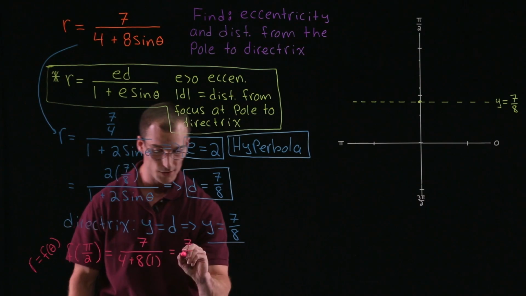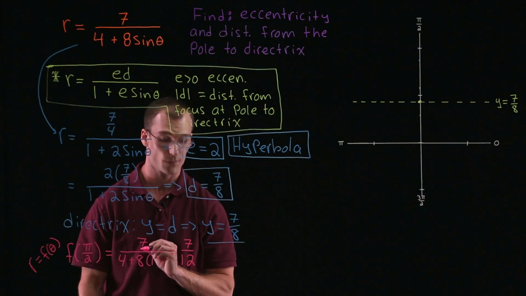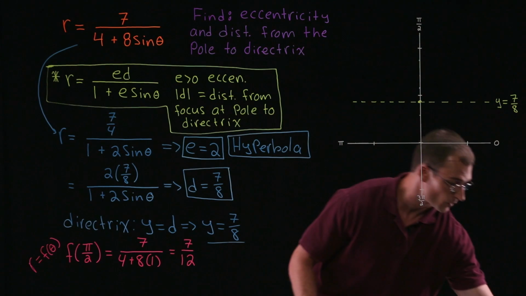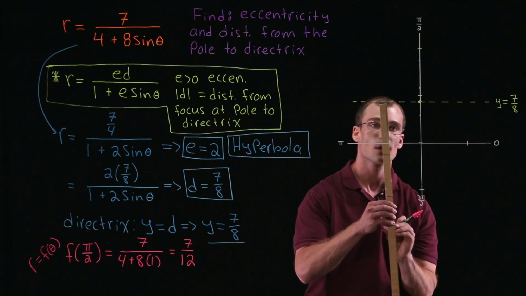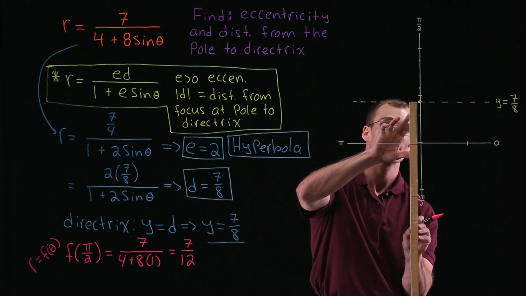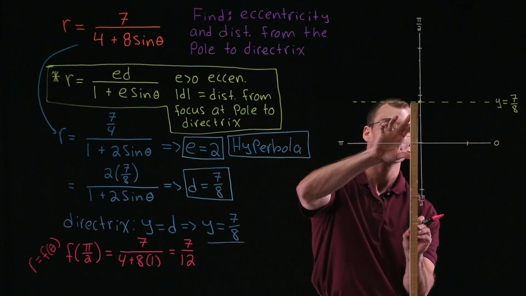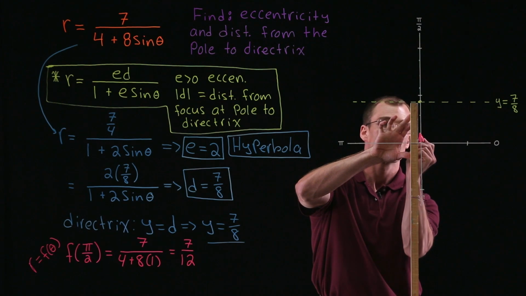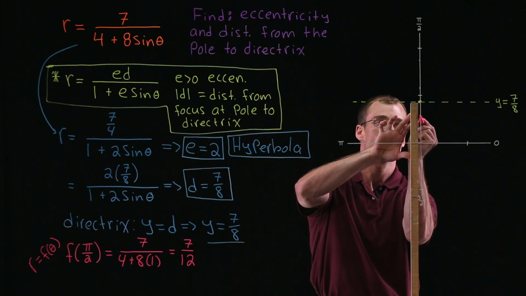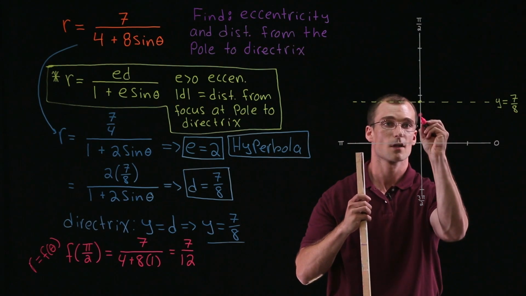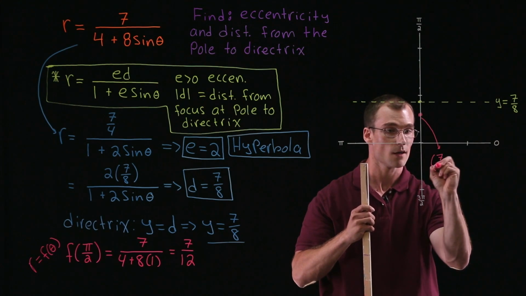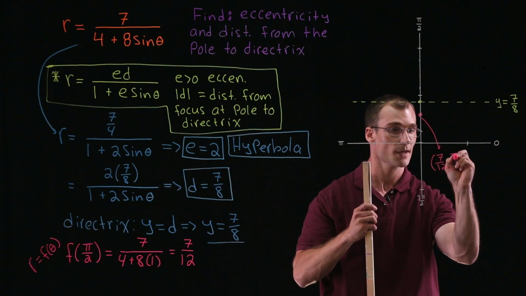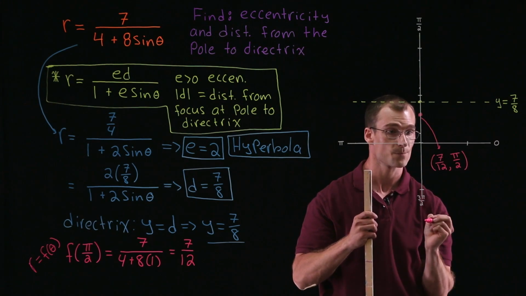So that's 7 over 4 plus 8, which gives us 7/12. Let's plot that. The first vertex is at angle pi over 2, distance r equals 7/12, which is just a little more than a half, so between 0 and 1. So we have our first vertex at r equals 7/12, angle theta equals pi over 2.